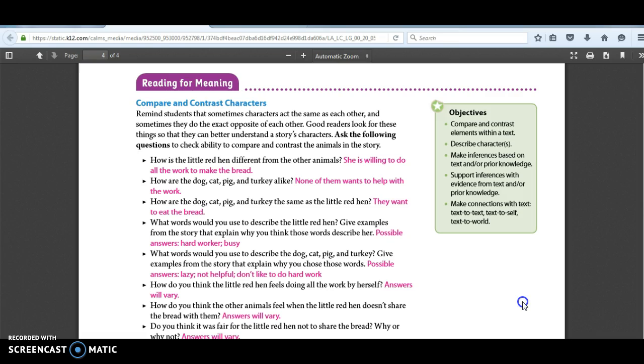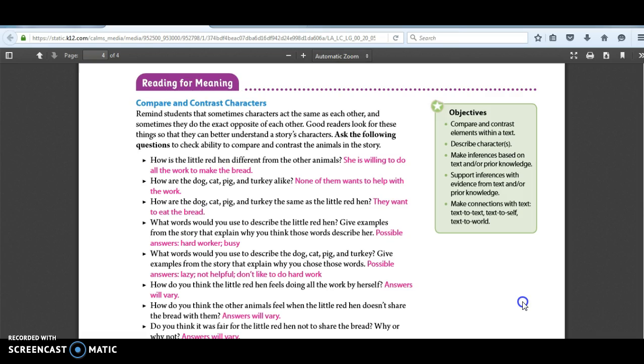Think about the story and what they were doing or not doing in the story. Tell your learning coach. If you use words like they were lazy, they didn't want to help, they didn't like to do hard work, they were not helpful, all of those would be good words to describe the dog, the cat, the pig, and the turkey.